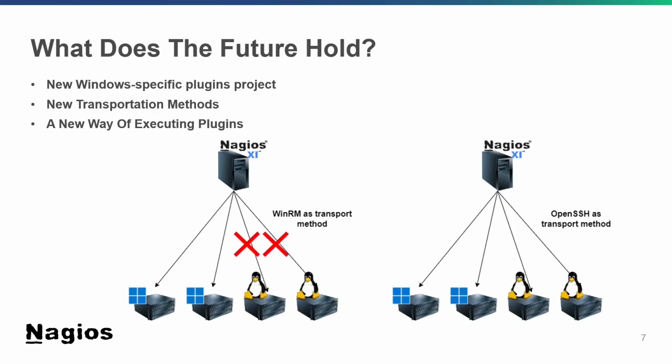OpenSSH was ported to Windows by Microsoft back in 2018. One caveat here is that Windows Server 2016 does not have the ability to use OpenSSH. So for that, you will be reliant upon WinRM. One of the reasons I recommended OpenSSH as a transport is that you're unifying how you connect to your systems.